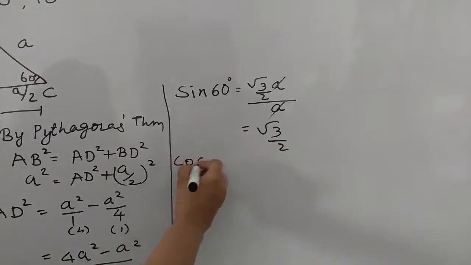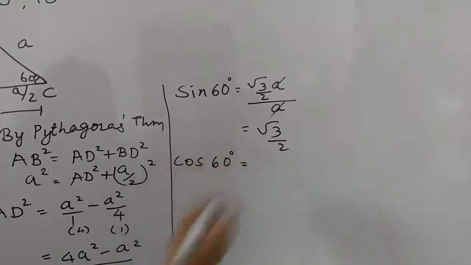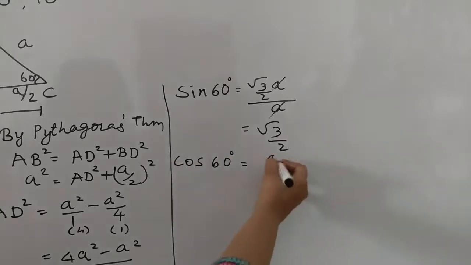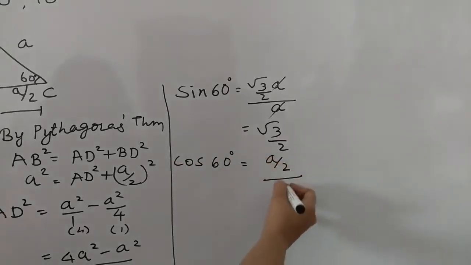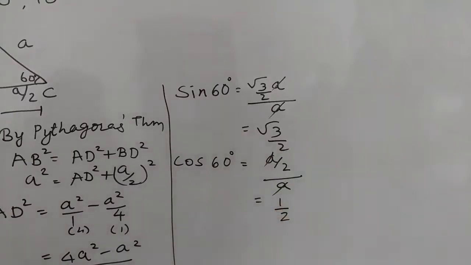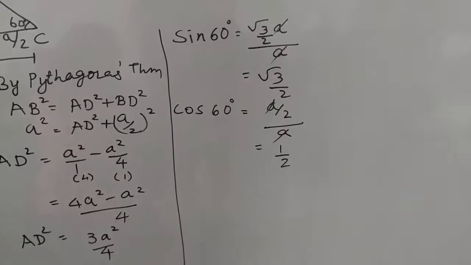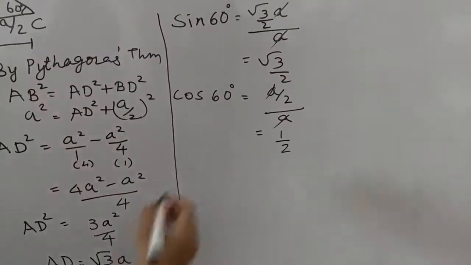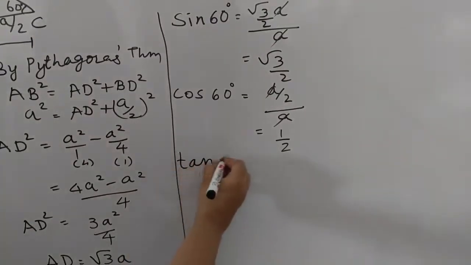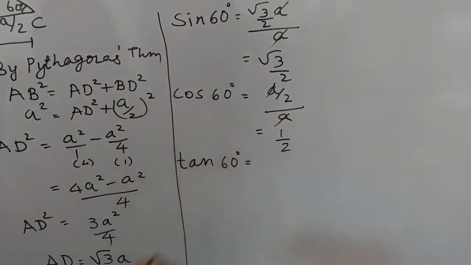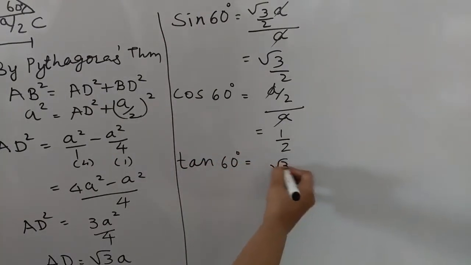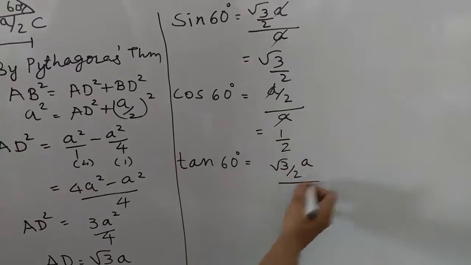Now I take cos 60. That will be adjacent upon hypotenuse. The adjacent is A by 2 and the hypotenuse is A. So this A cancels and we get 1 by 2 as our cos 60 degree. Now the last one is the tan ratio. Tan 60 degree is equal to opposite, which is root 3 by 2 A, upon adjacent, which is A by 2.